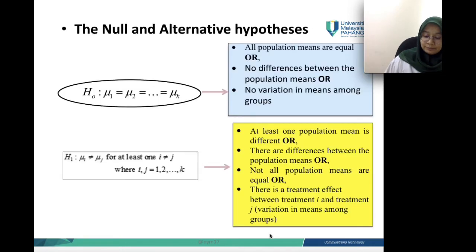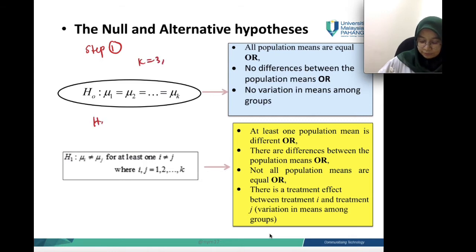Step number 1 in ANOVA. Conduct the null and alternative hypotheses, H null and H1. So H null in one-way ANOVA is mu1 equals mu2 equals up to however many treatments you have. Let's say you have K equals 3.